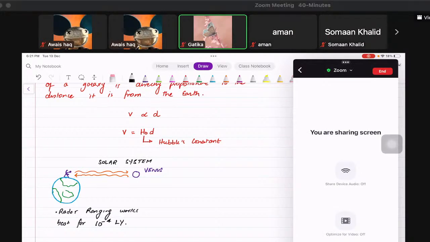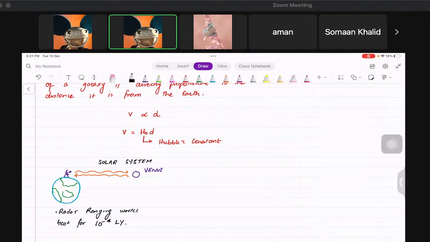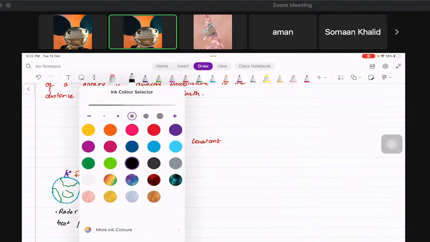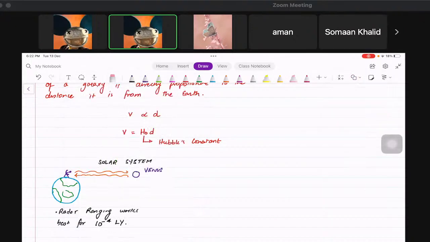Now, beyond this, if we say this is till this radar ranging, if you're looking from Earth beyond this, so this distance basically is 10 light years. Okay. Then there's a method which is called the parallax. And parallax works best for 10⁻² light year objects.